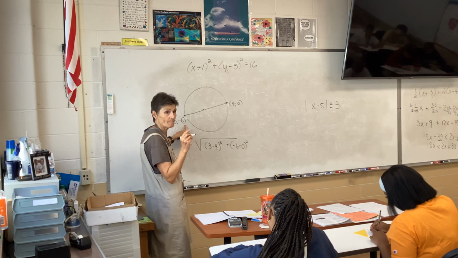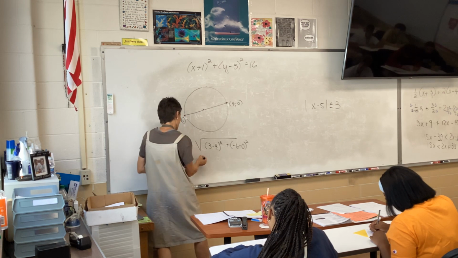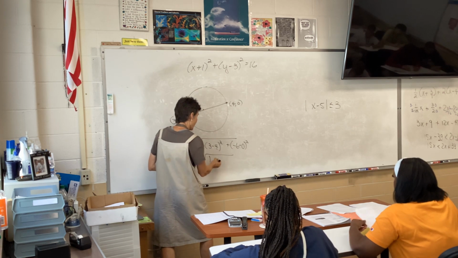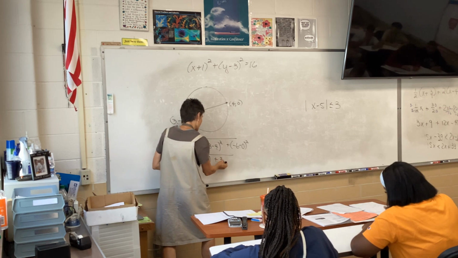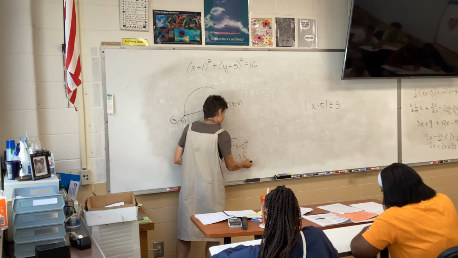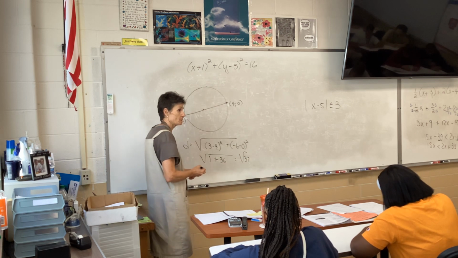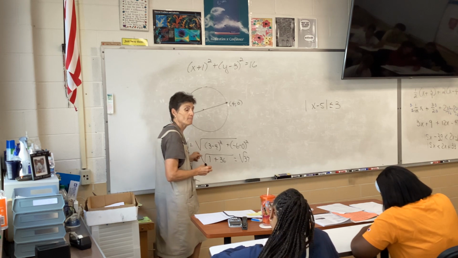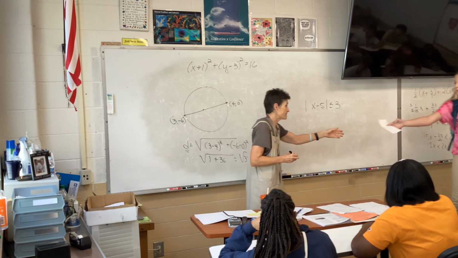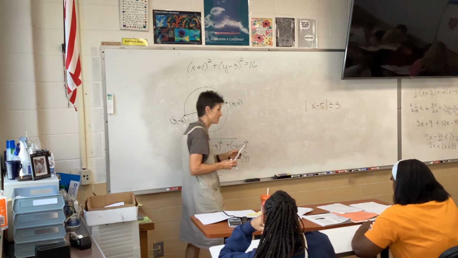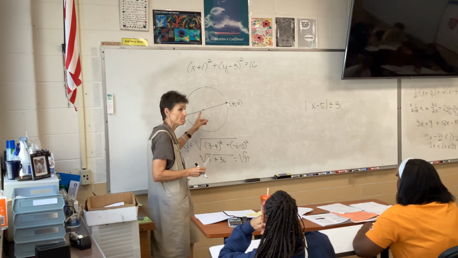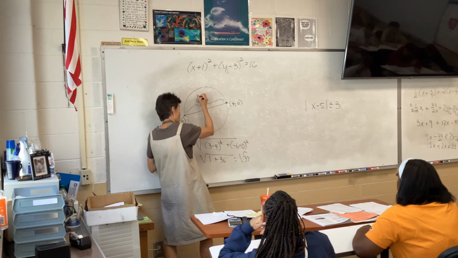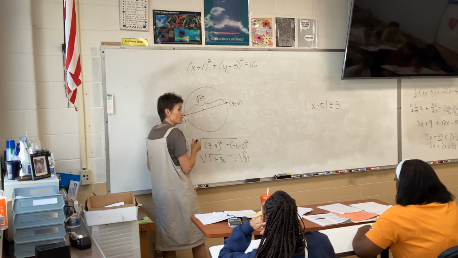You agree with that? So that's gonna be 1 plus 36. Did you get the square root of 37? Yes. Now this D, I put up there because of distance, but it's really the length of the diameter, right? So the whole shebang is the square root of 37.